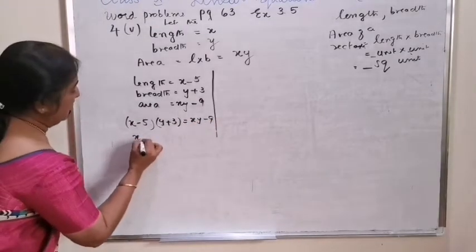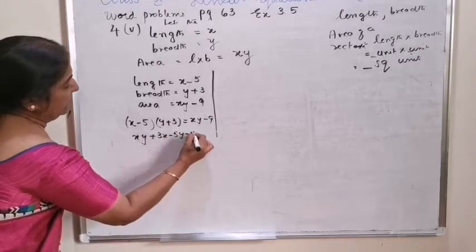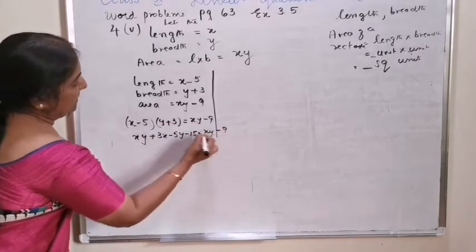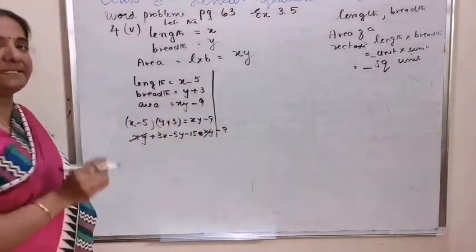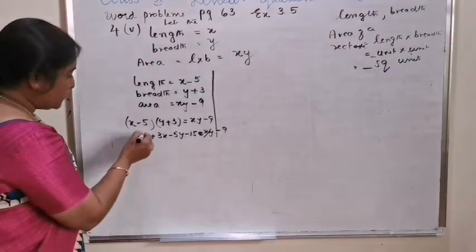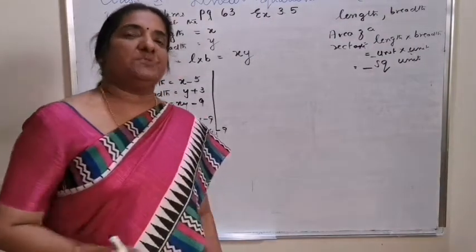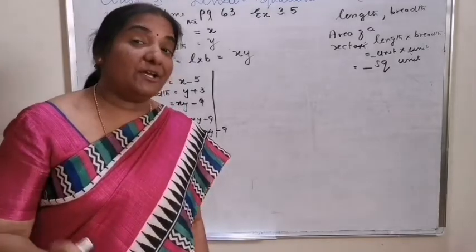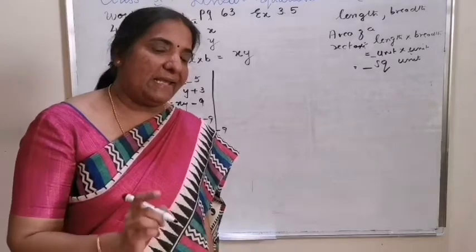If you expand it, xy plus 3x minus 5y minus 15 is equal to xy minus 9. The xy term has to be cancelled because the degree of the xy term is 2, whereas this lesson is purely linear equations in two variables. The power of the variable should be only 1.